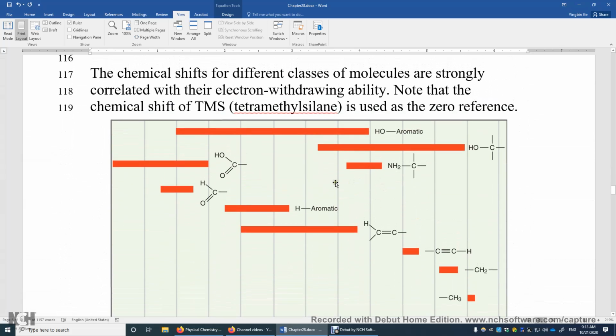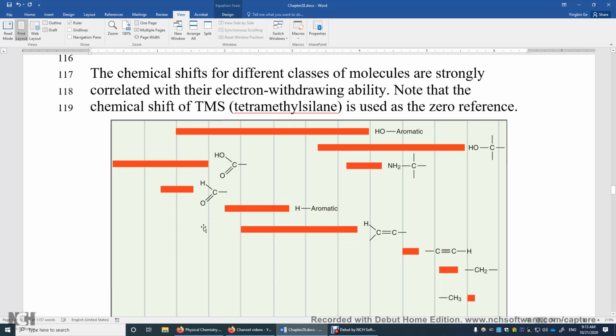If you put an OH functional group, this OH withdraws electrons from the three hydrogen nuclei. NH2 also withdraws electrons from the three hydrogen nuclei. And for aromatic compounds, there's another reason.